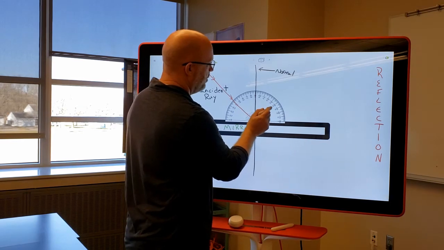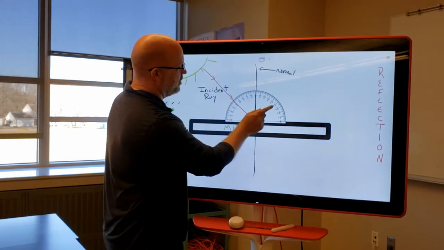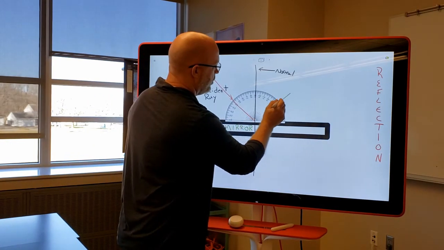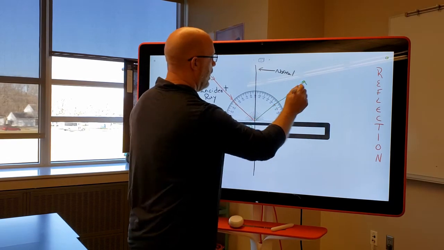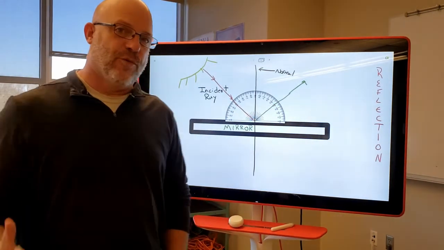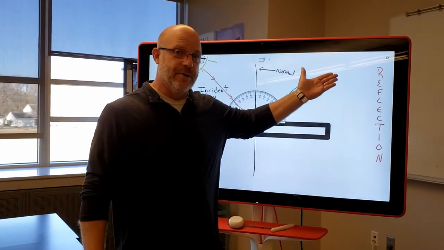See the 40 right here? On the big numbers, it's 140, but if it comes in at 40, it goes out at 40. That's all the law of reflection says. The angle that it comes in equals the angle that it goes out.